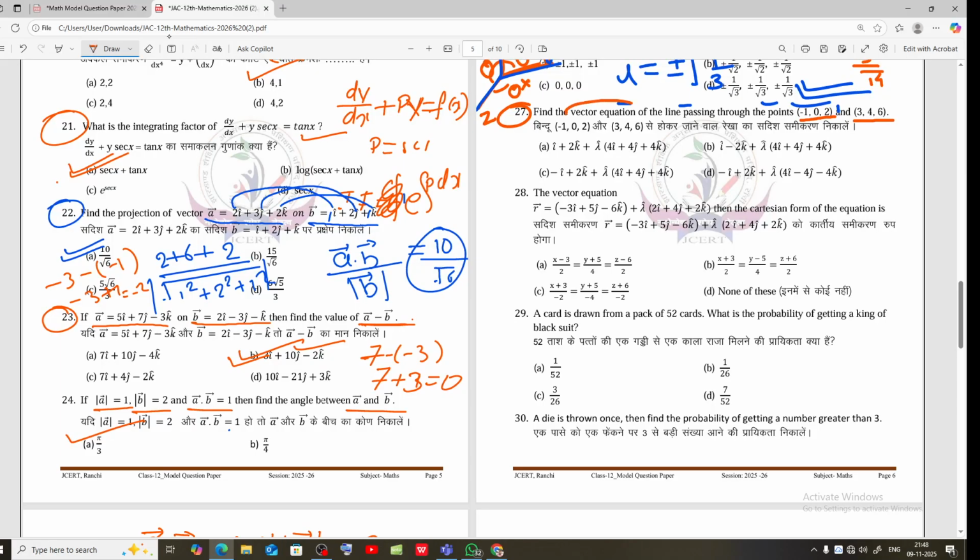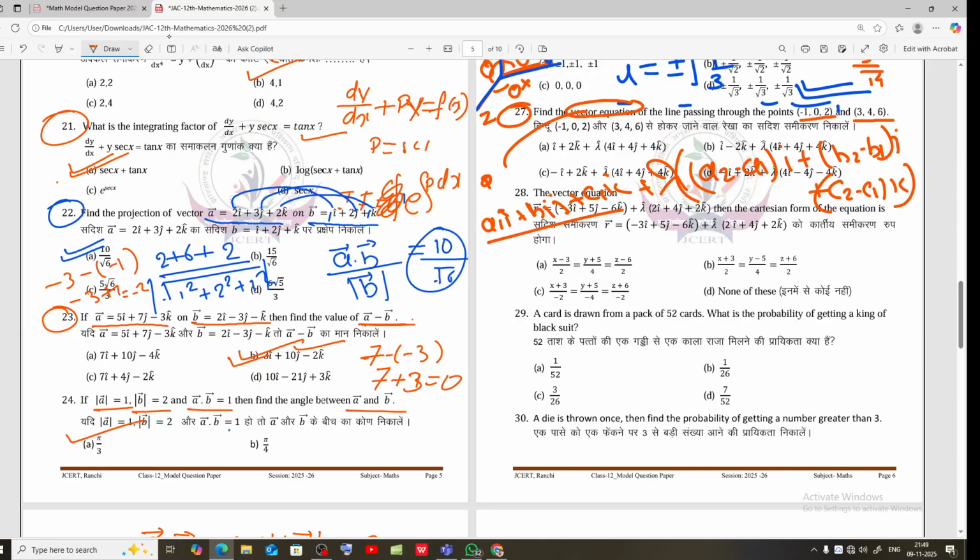Vector equation form is: first point a1 i cap, b1 j cap, c1 k cap, plus lambda times (a2 minus a1) i cap plus (b2 minus b1) j cap plus (c2 minus c1) k cap.